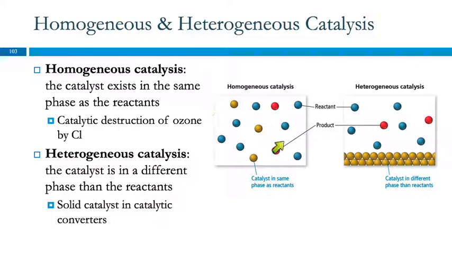We've got ozone and chlorine atoms, and they're both in the gas state. That's homogeneous. Heterogeneous catalysis is like in the catalytic converter, where the catalyst and the reactant molecules are in different phases. So here, the catalyst is on a solid surface, and the reactants are in the gas state.